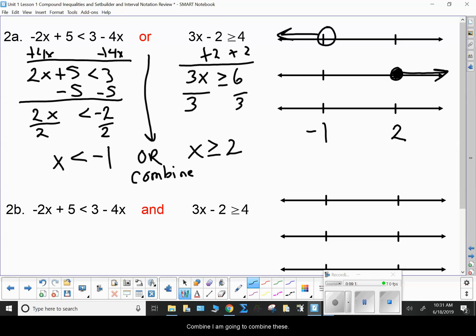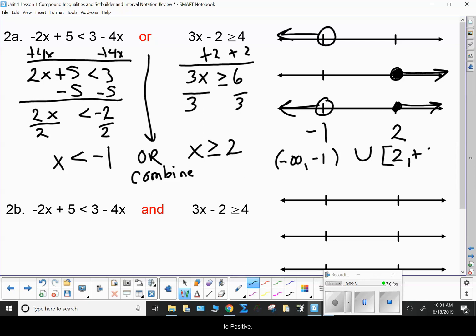I'm going to combine these. So my final graph will look like this. And I would have from negative infinity to negative 1, or from 2 to positive infinity.